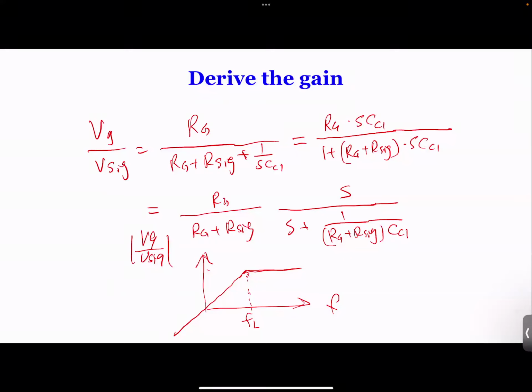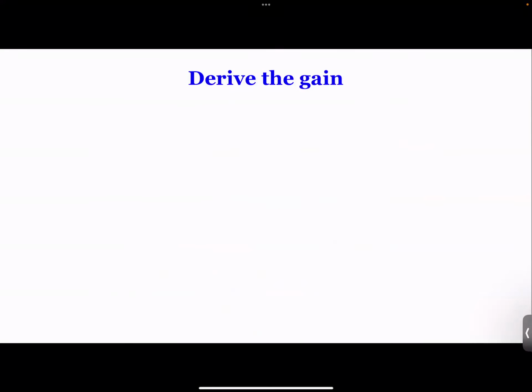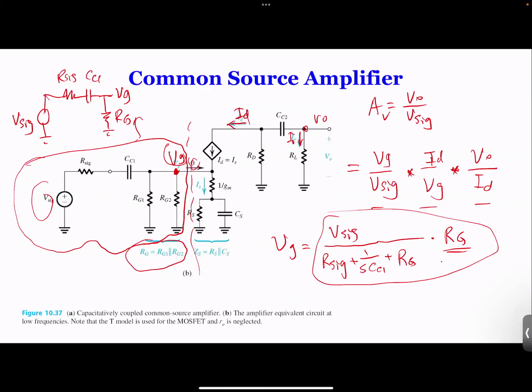Okay, that's for this. So the next step we're going to derive. I don't have the circuit side by side. I should have that. But the next step, we're going to look at this ID over VG. So VG is the voltage over here.